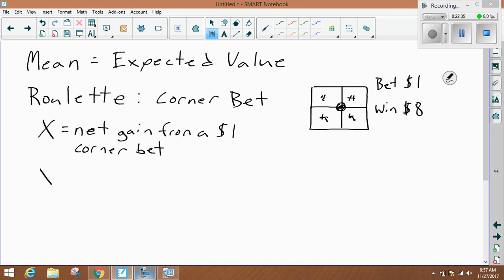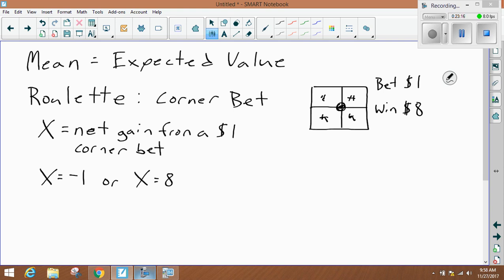We can have X equal -1, or X can equal 8. Because we're talking about net gain, right? Either you lose $1 or you get 8 more. We're not going to include the $1 that you put on the table, right? You're going to keep your $1 and you get 8 more, or you lose your $1. So either your net gain is -1 or your net gain is 8.